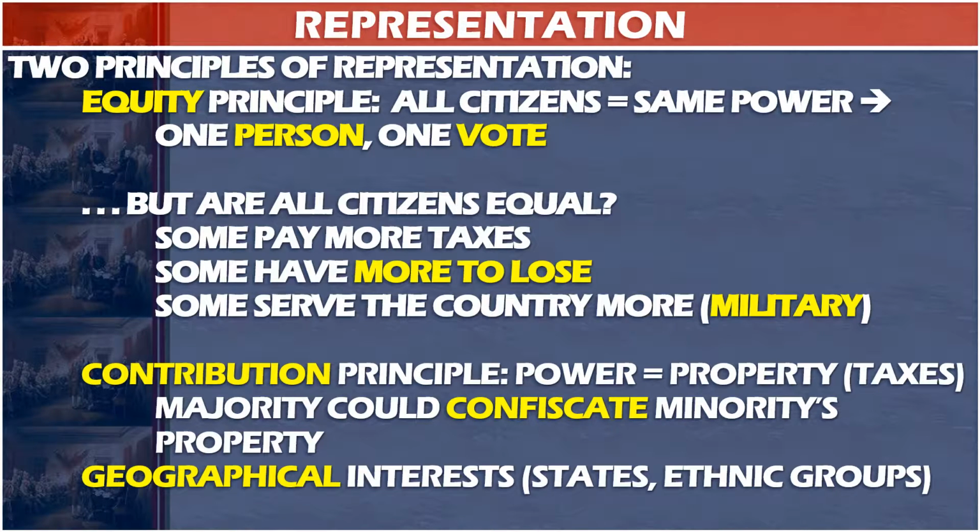One example of this is the three estates in pre-revolutionary France, where the nobles were an estate, the clergy were an estate, and the general population was an estate. Each of them had their own chamber for representation. So this is not a novel thing. It's happened in many different places throughout history, but it goes against our idea of one person, one vote, which is common to this day.